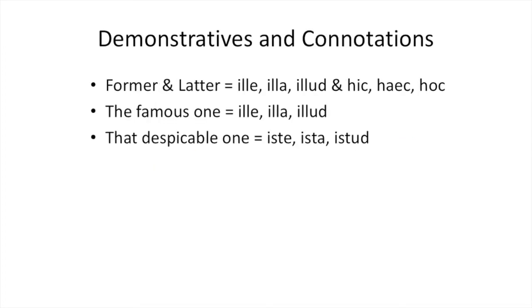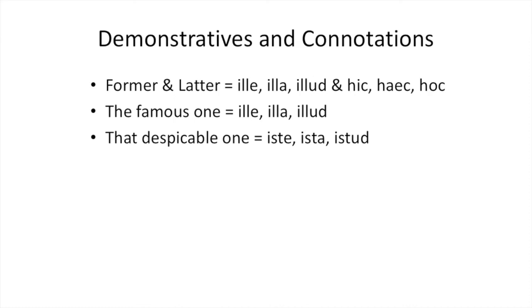One more thing before you practice for yourself. Demonstratives can have other connotations, other meanings depending on their context. If ille and hic are being used together to refer to things earlier on, ille can mean the former because it's further away from the word in the sentence, and hic can be the latter because it's closer to wherever you are in the sentence as you're reading.